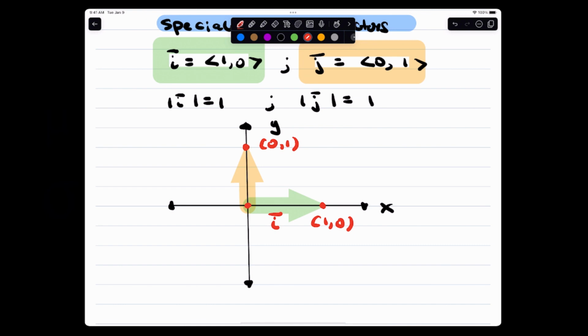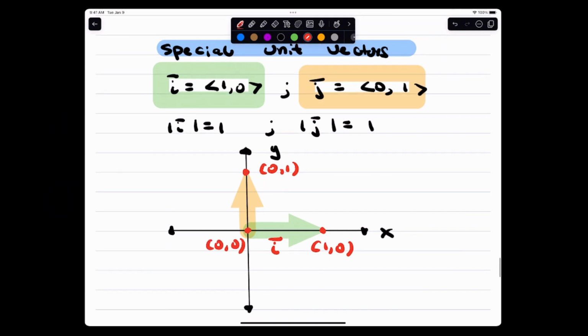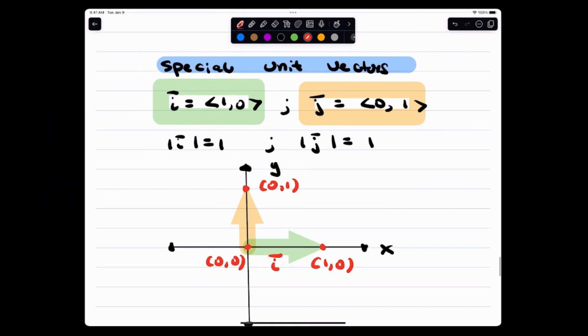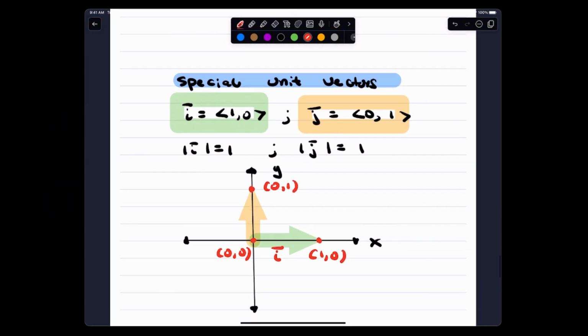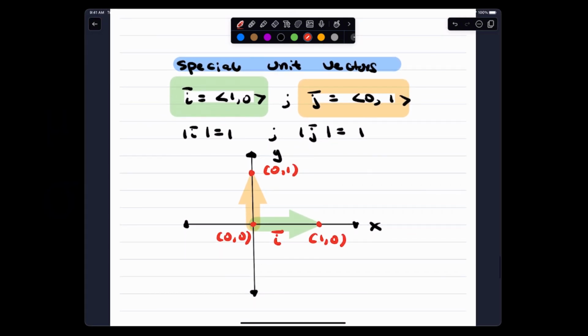And then your initial point is 0, 0. Okay, so this is really a very special thing. You got vectors i and j.